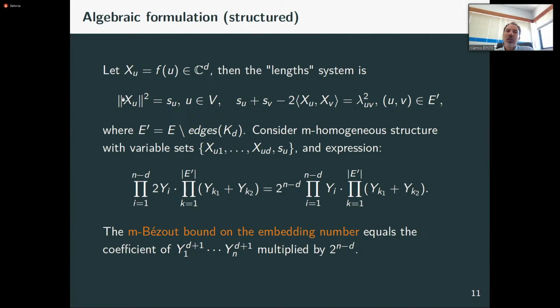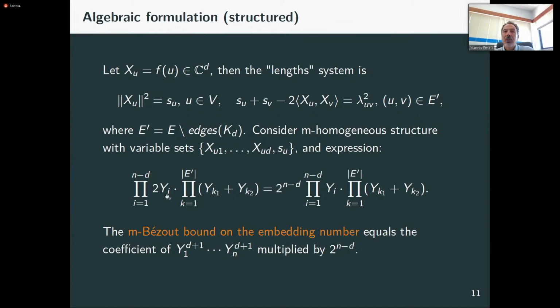yes, because there is a partition of variables; the subset of variables contains the coordinates and the new variable s. And this equation has only this group of variables and the constant. It's quadratic in this group of variables, hence the term 2yi.